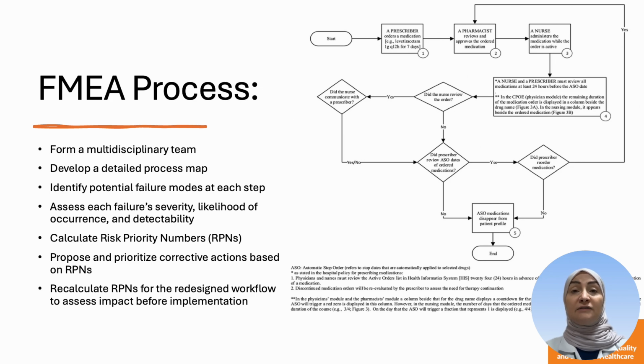After that, we will find out the area of the process that has a high risk priority number, and then we need to look at the recommended action to prevent the occurrence of the error, then recalculate the risk priority number to see if it has improved, or if we still need to look at other actions for improvement.